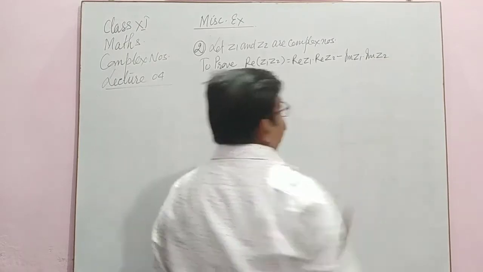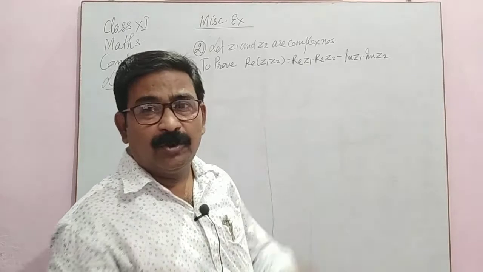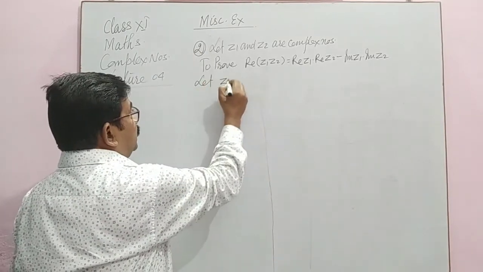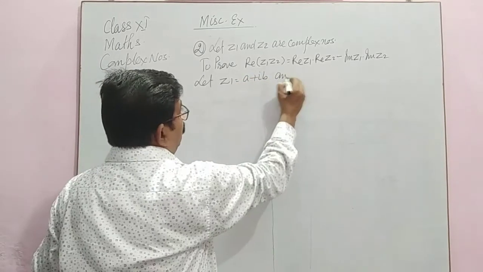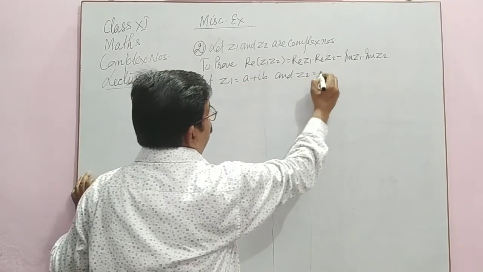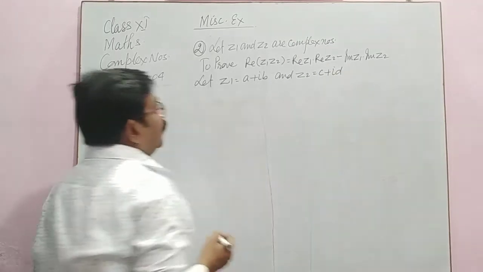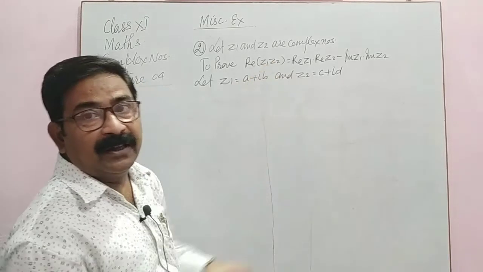We are given only two complex numbers, so we can assume two complex numbers, like let z1 be equal to a plus ib and z2 be equal to c plus id. Now we have to find z1 z2, and after that we get the real part.